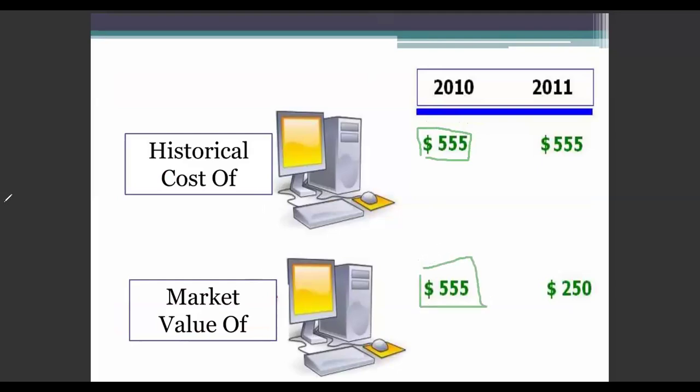There are two cases. Suppose in 2011, if the price remains the same, then there is no doubt I can select any price. But if the market price is 250 and cost price is 255, then I need to compare these two prices, and normally I prefer the price which is lower.